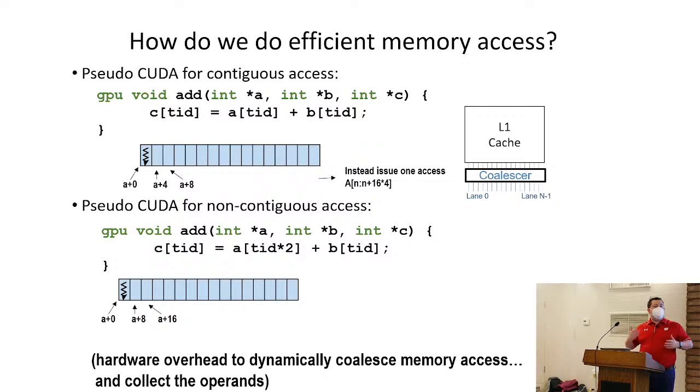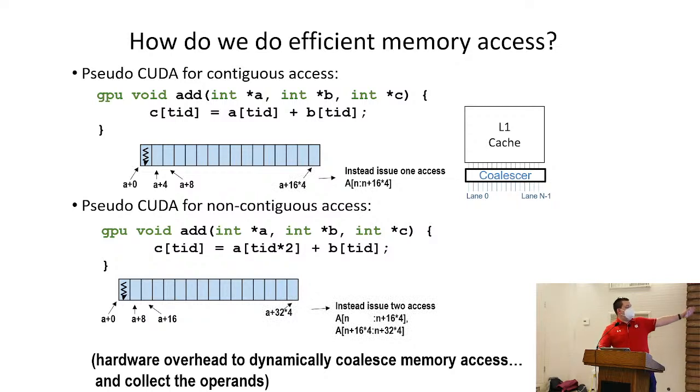So it's harder to coalesce requests in this case, because here we want A of 0, A of 2, A of 4, A of 6, and so on and so forth. And it's hard to say, just bring me those without bringing the other words that are in between them. And so the goal of the hardware that AMD and NVIDIA add in is to find ways to minimize the number of requests they have to send out by aggregating them into these larger requests through the coalescer.